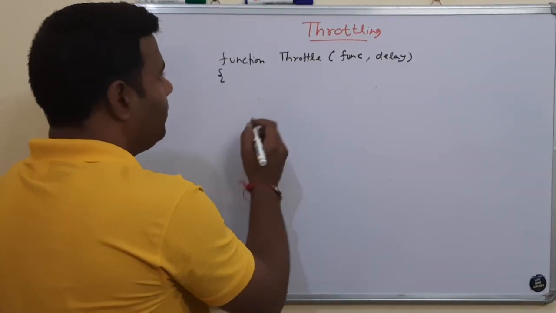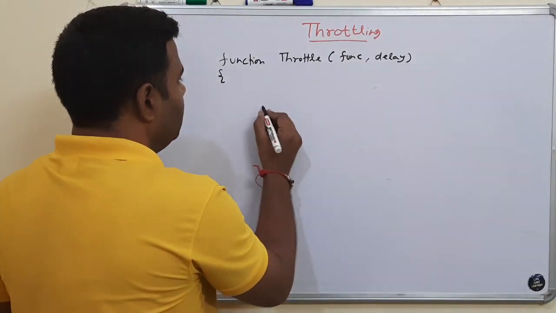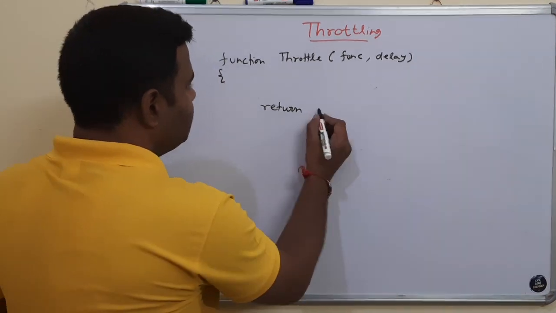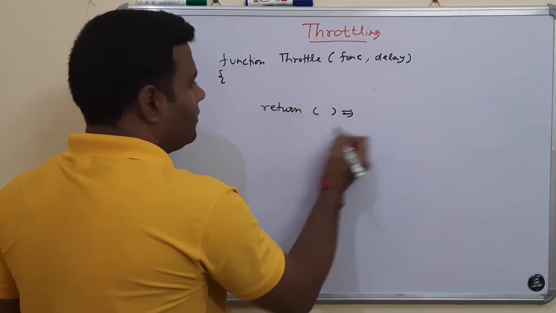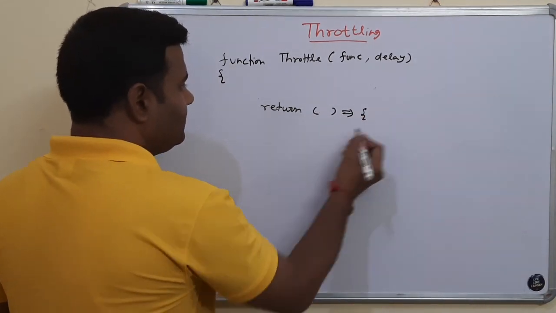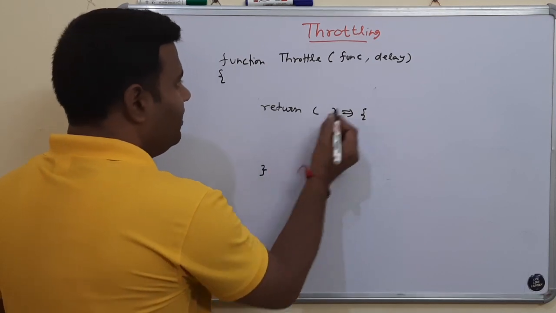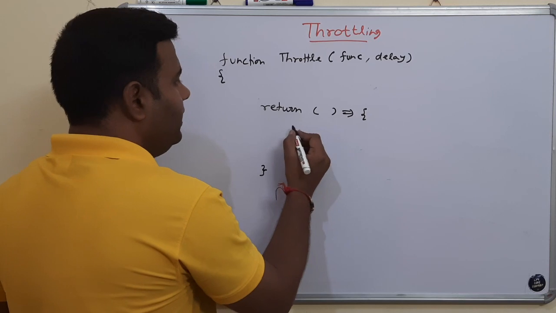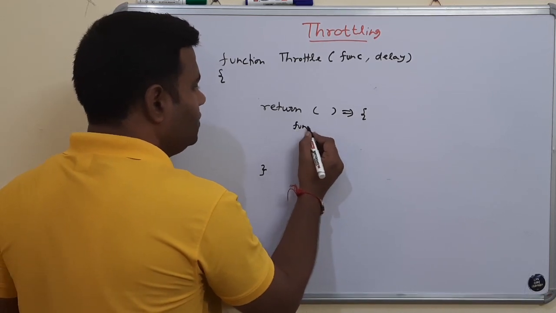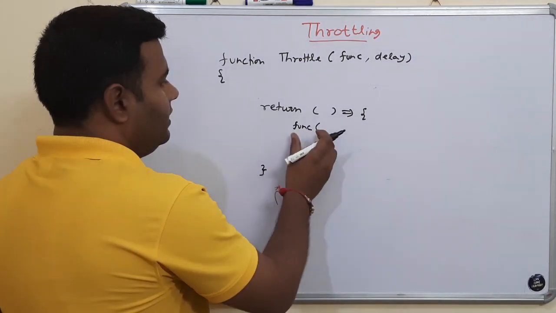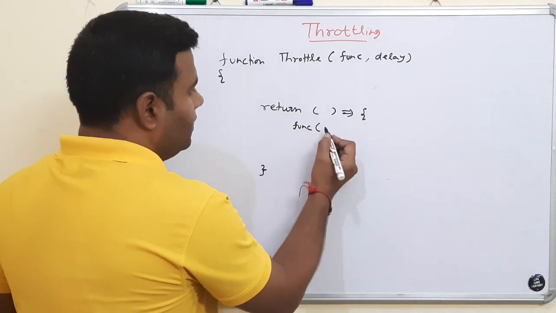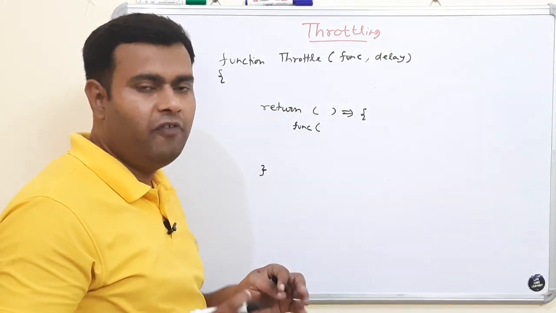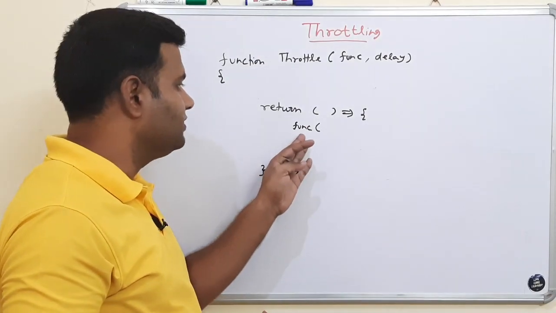Let's write this. We have to return a function, right? Again, so we will do a return, and let's say we are using an arrow function. In this function, we will basically return this function, but with some delay. We have to call this function first, and when we call this function, we don't have to wait for some time, but after this function we have to wait.